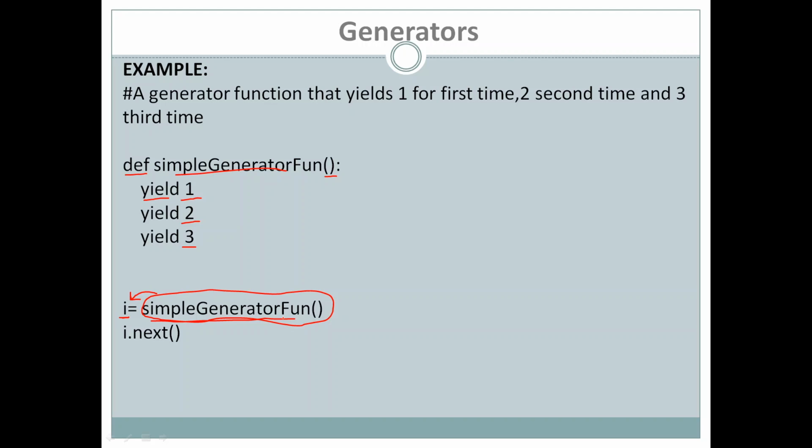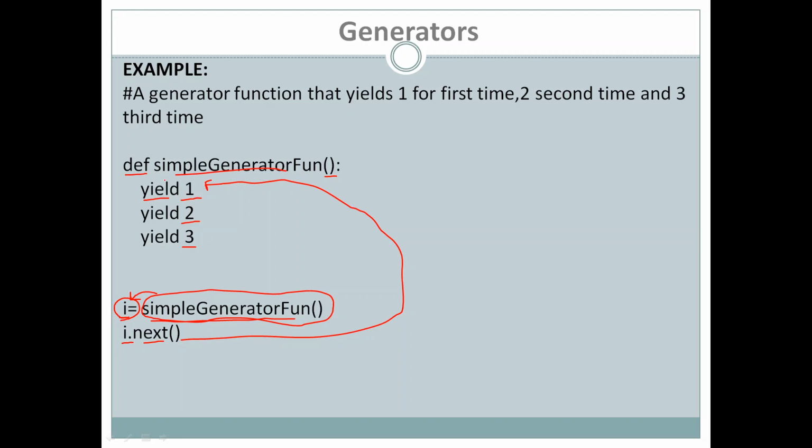Once you have that object, using that object you can call the next method, i dot next. Now how does this work? Whenever we call i dot next, it will call the generator function, and it will execute the first statement in the function.